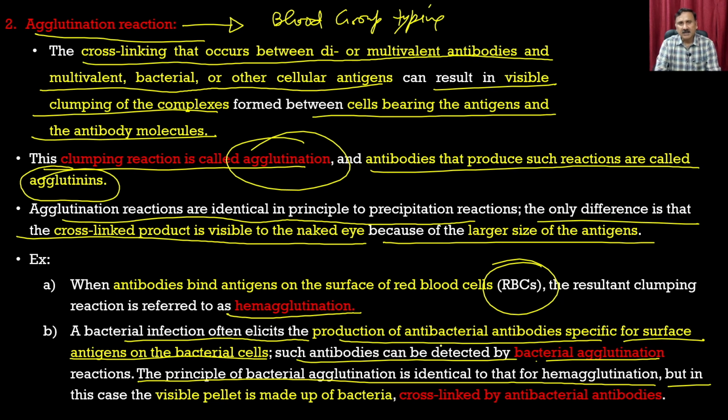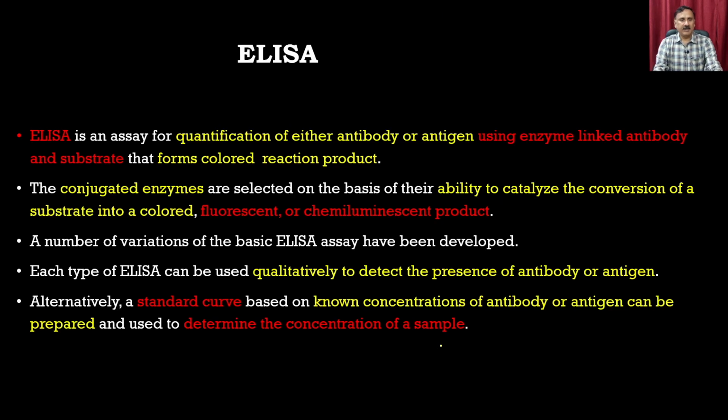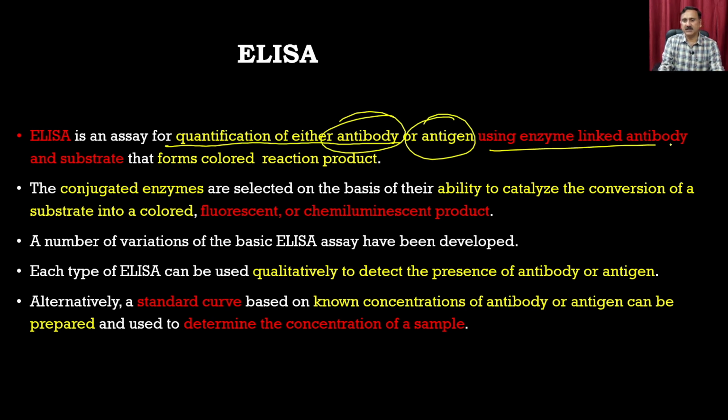Apart from these reactions, you can also use antibody-antigen interactions to develop much more sophisticated techniques, called the enzyme-linked immunosorbent assay, or ELISA. ELISA is an assay for quantification of either antibody or antigen using enzyme-linked antibody and substrate that form colored reaction products.